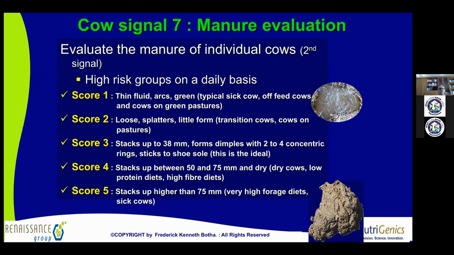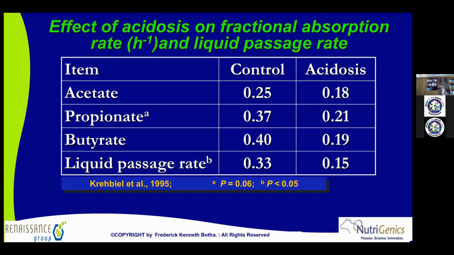So we need a manure score of about 3 to really have a good indication of what the manure looks like on a dairy farm. If it's on the left-hand side, then we have a lot of problems on that specific farm, and probably an indication that we have acidosis.